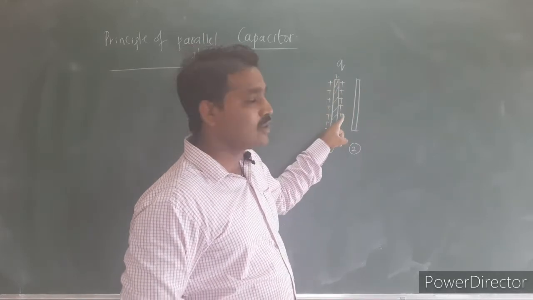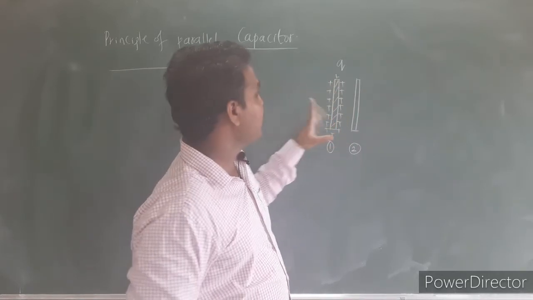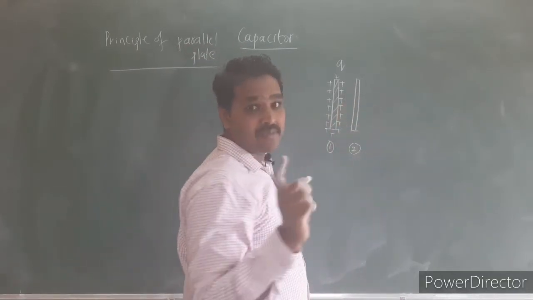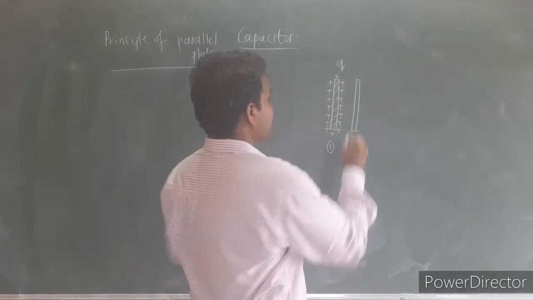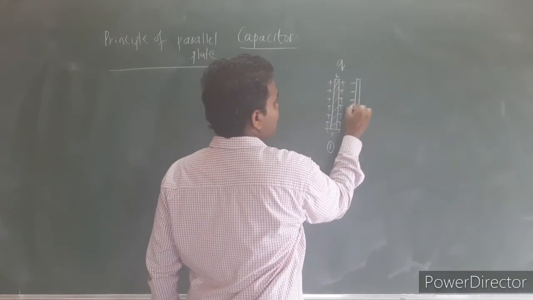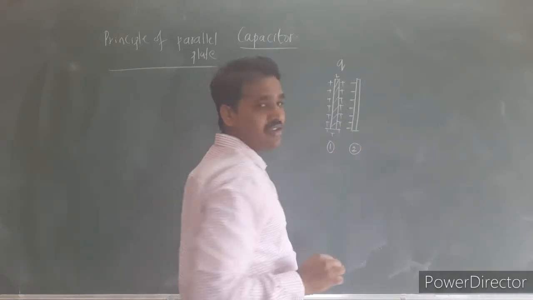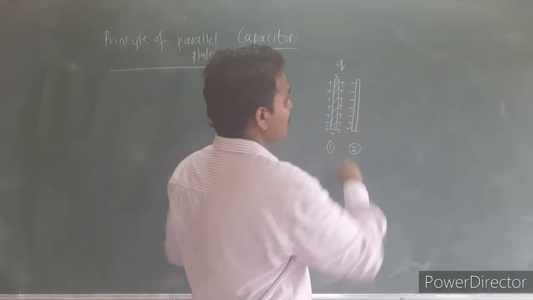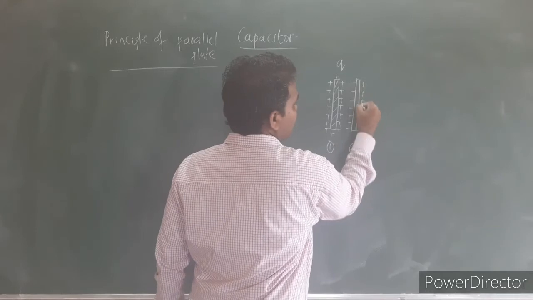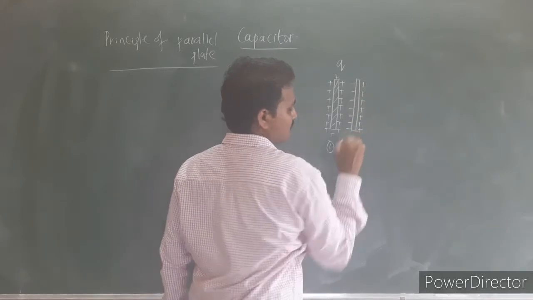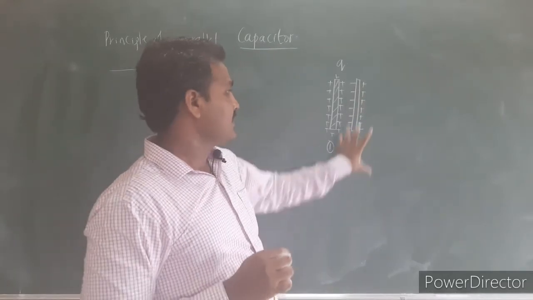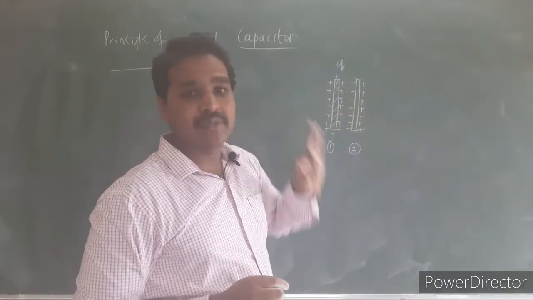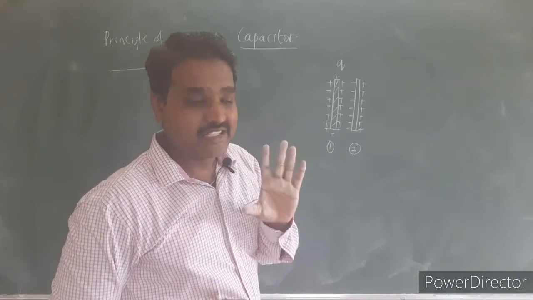So we know the method of induction. Because of induction, what happens on the left surface of this second plate? On the left surface of this second plate, we have negative charges induced, and because of these negative charges, on the right surface we will have an equal number of positive charges. There will be charging of metal plate 2 because of the method of induction.